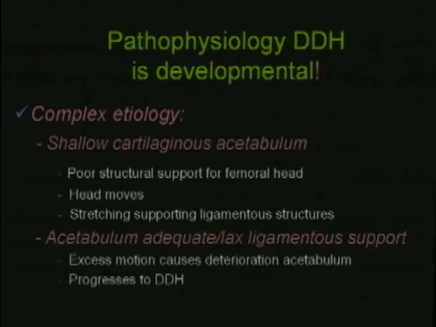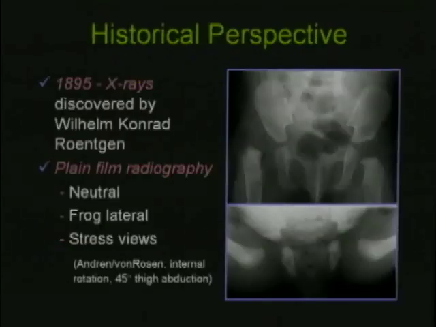The other situation is when the acetabulum is adequate, but there are lax ligamentous supports, and so excess motion of the head causes deterioration of the acetabulum, which can progress to DDH.